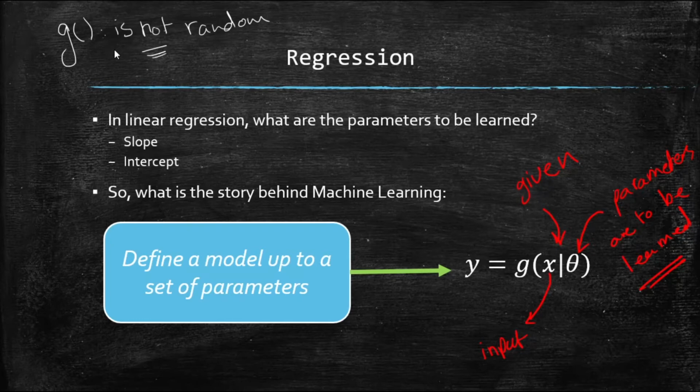We believe that G is that rule, and that rule has some parameters, right? So we'd like to find the best G, right? So the goal is to find basically the best estimate of G. G is the truth. G is the true function that we're trying to estimate.